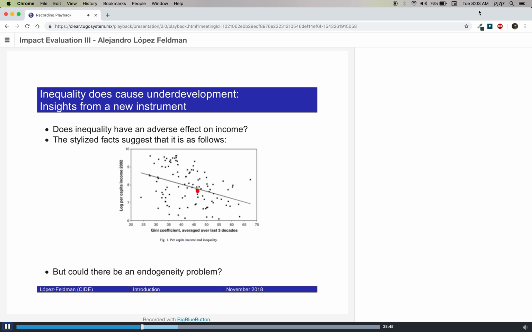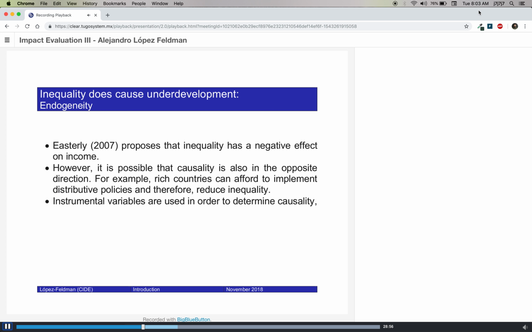How do I include causality in this case? Well, we have an endogeneity problem, and of course, I have to include instrumental variables if I am going to talk about endogeneity. So the author is Easterly, and what he says is that he thinks that there is a negative effect, but he tests this.